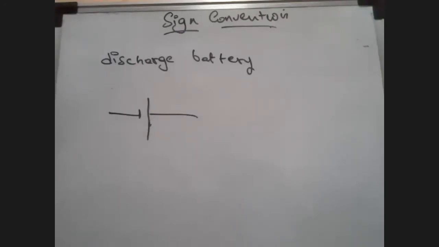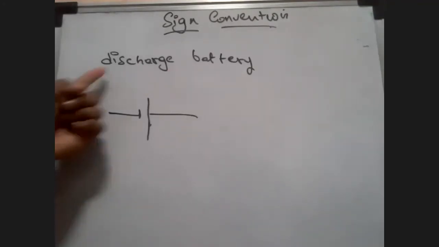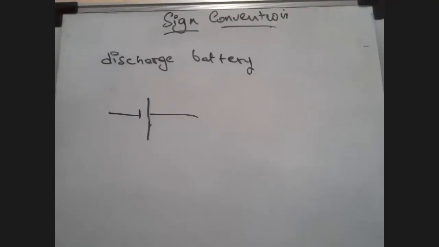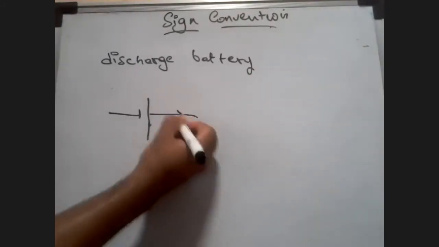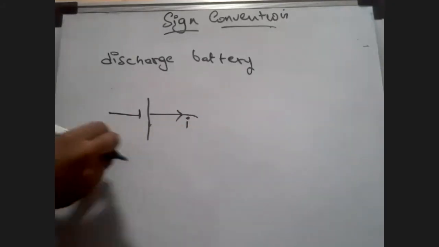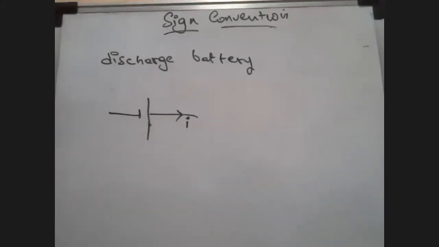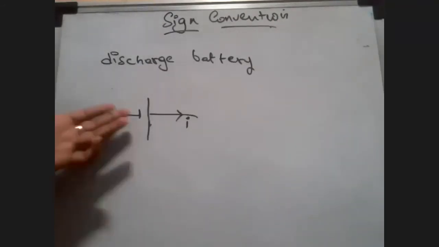When you say discharge, the battery voltage level is coming down. And that will only happen if the current is going out of it, that is, if the battery is delivering the current. It is delivering the current and it is getting a drop in the potential.